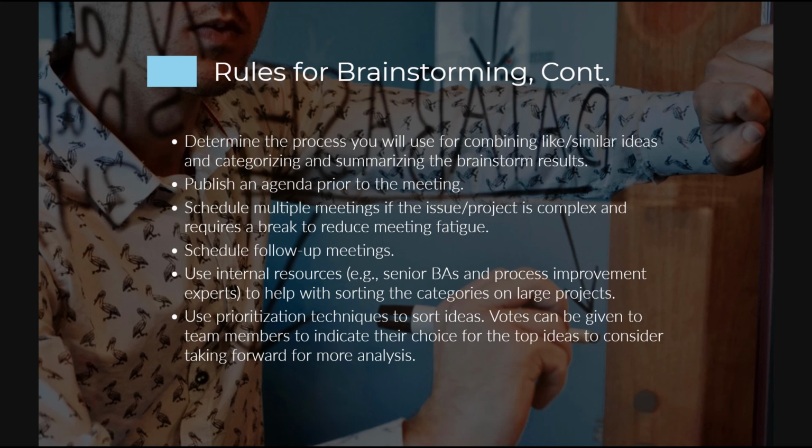You can use other internal resources. So there could be other BAs not necessarily assigned to your project, but that you might be able to get to help you with just kind of sorting through things, get them to take a look at it. If you officially have more than one BA assigned to a project, then that's awesome. You guys should get together and sort the categories and the items into different categories.